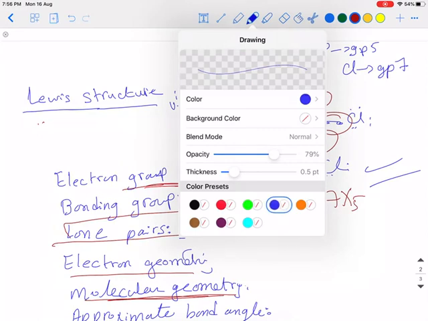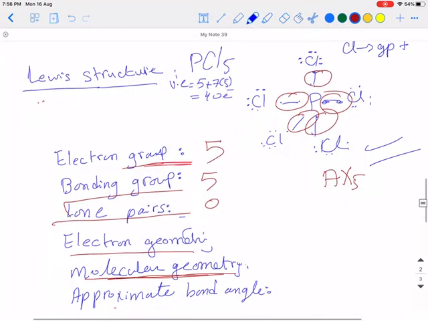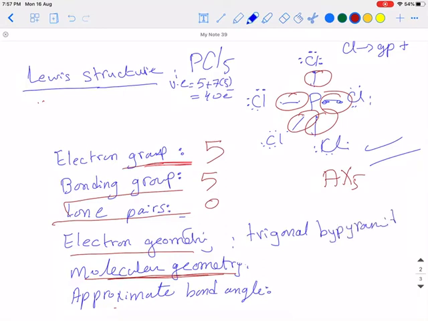Any molecule in the form of AX5 has a trigonal bipyramidal electron geometry. Also its molecular geometry, because of no lone pairs, is like the electron geometry, which is trigonal bipyramidal.